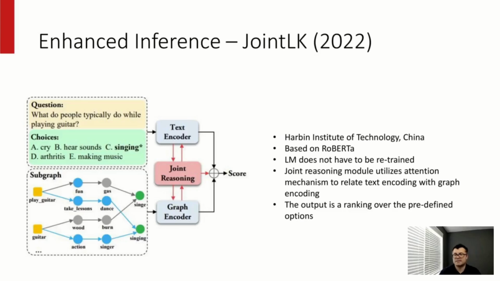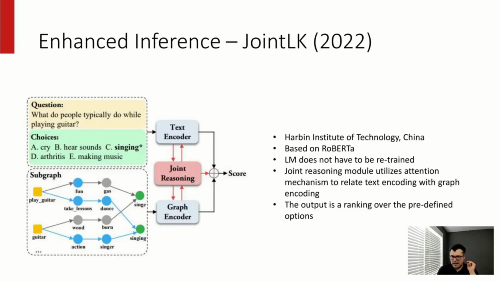What happens here is a question answering scenario where the input is a question along with a set of choices that you can make. It's like multiple choice. The model is supposed to pick the right choice.